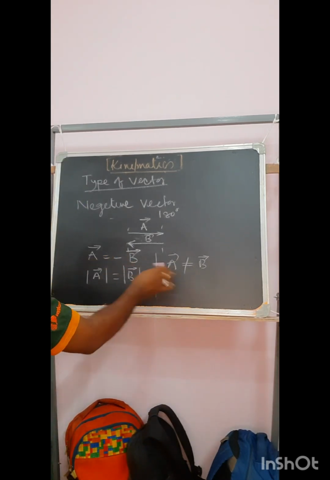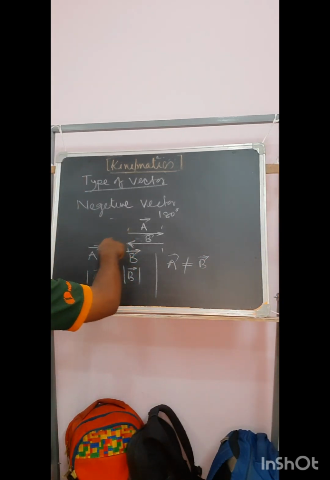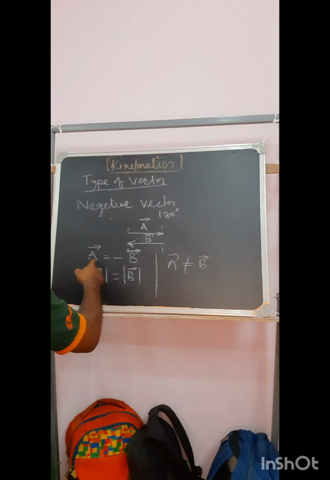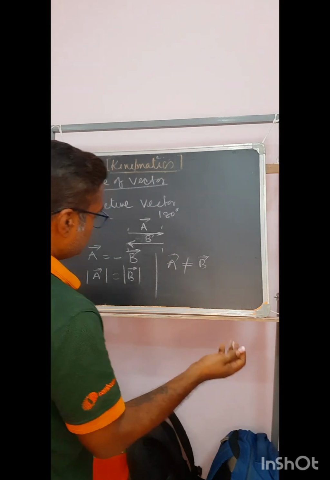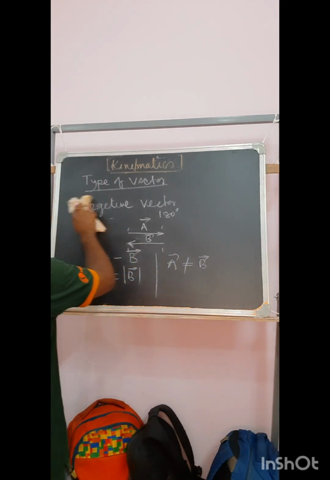That has to be remembered throughout your study. So negative vectors are those that are equal in magnitude but different in direction, 180 degrees apart. Only then will we call them negative vectors.